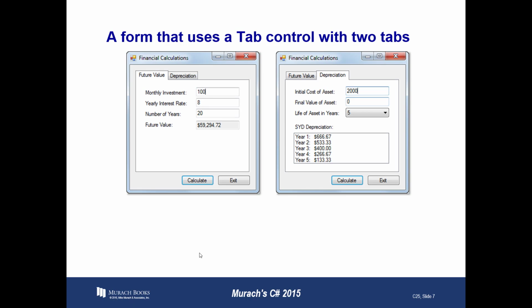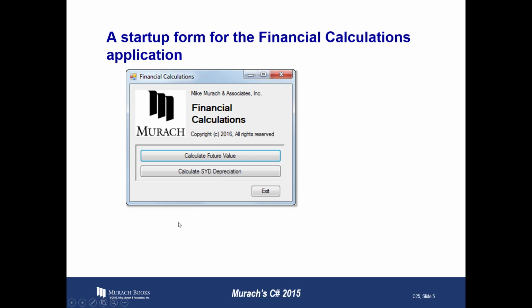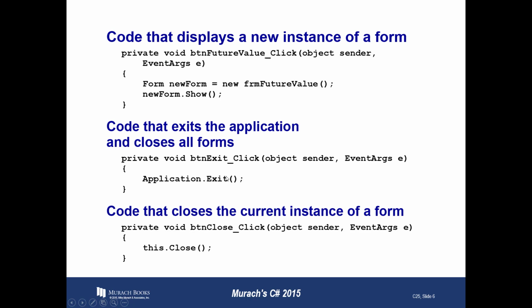So here's a form that uses a tab control. A tab control is one of those controls on our toolbox. The idea here is, you could either be running this application to figure out a future value, or you can be running the application to figure out depreciation, but not both.